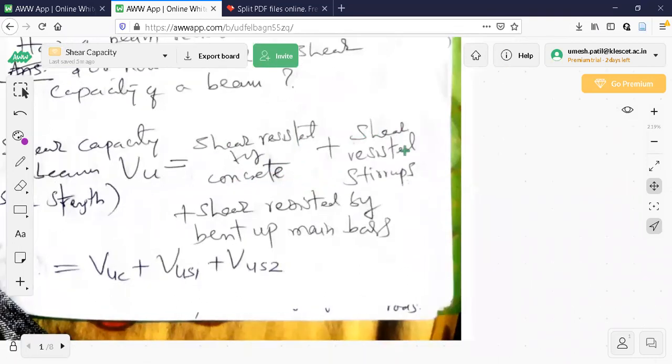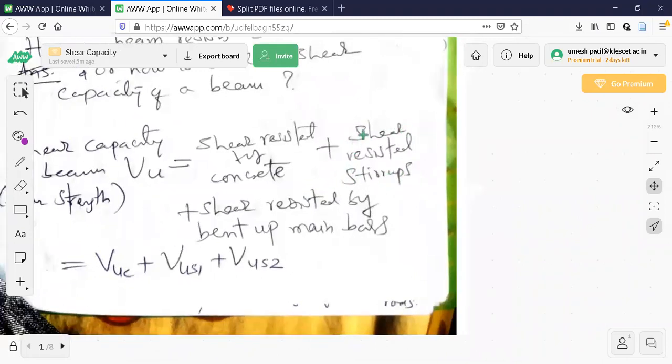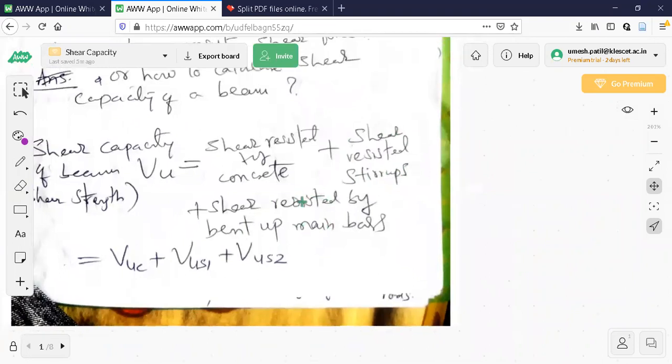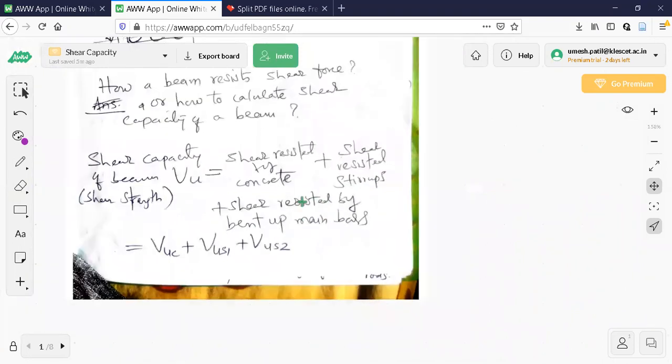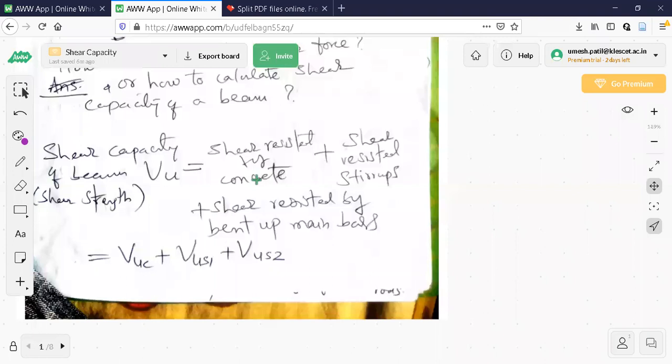Then shear resisted by stirrups. You have to find out the shear capacity or shear strength of the stirrups. Third is shear resisted by bent up main bars, which I have not discussed till now. Shear resisted by concrete, I will tell you how to calculate.